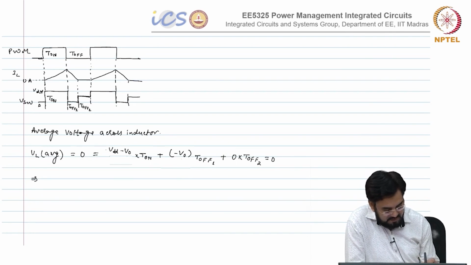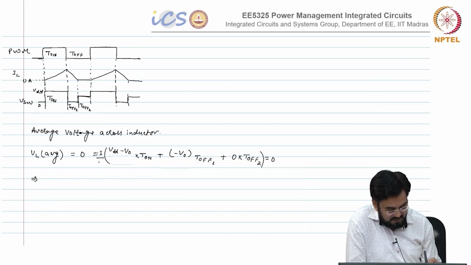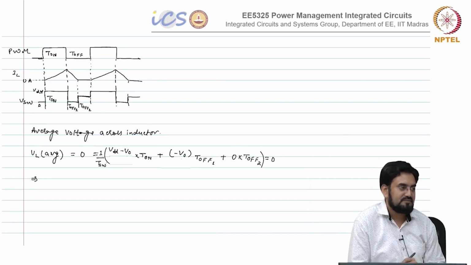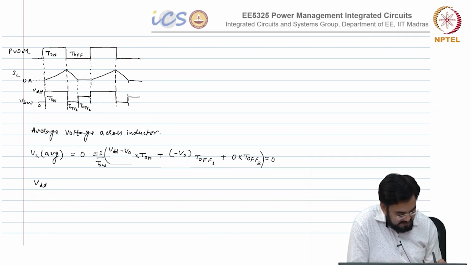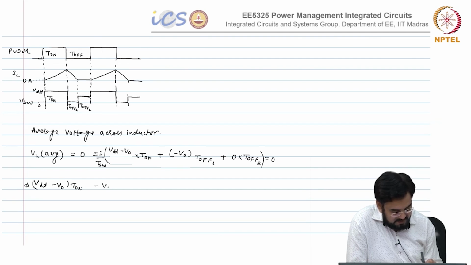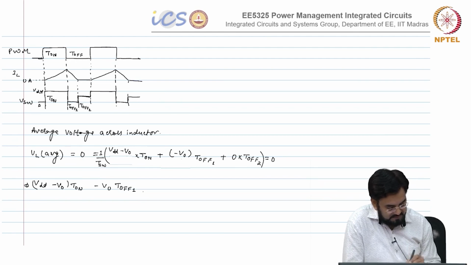And divide by one over TSW. That is your average voltage. So, L and TSW will go away, that is common to both the voltages during T on and T off 1. So, leftover will be VDD minus V out into T on minus V out T off 1.